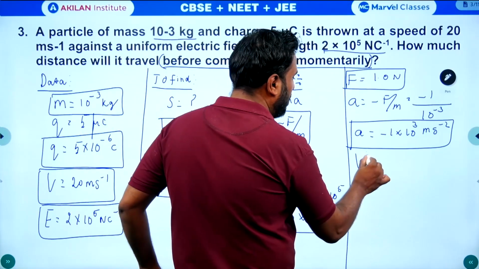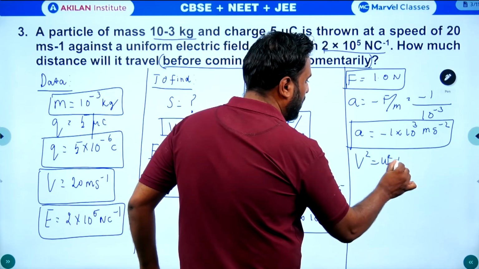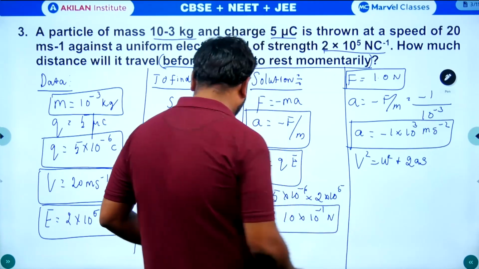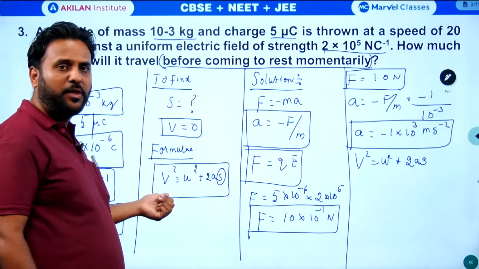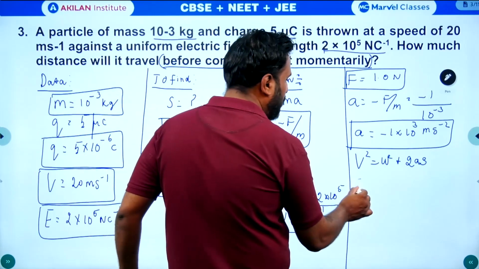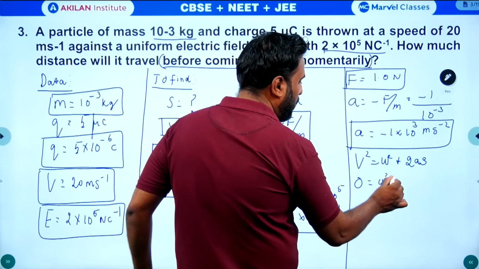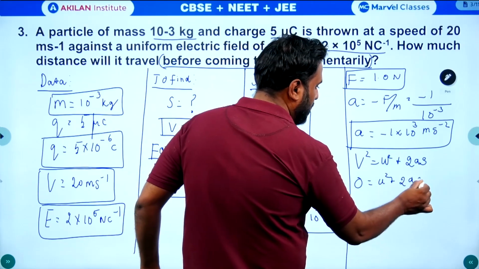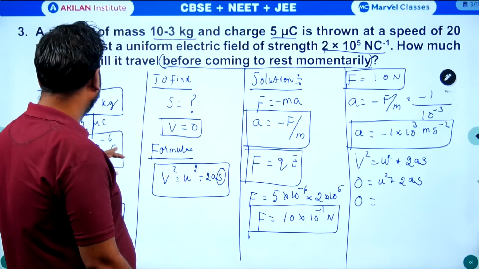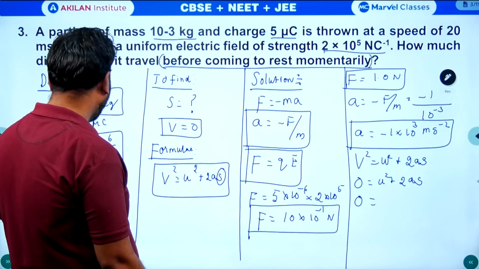V square equal to U square plus 2AS. We know very well that before coming to rest, the final velocity is always 0. Then we can make 0 equal to U square plus 2AS. What is the initial velocity U here? What velocity is given? 20.